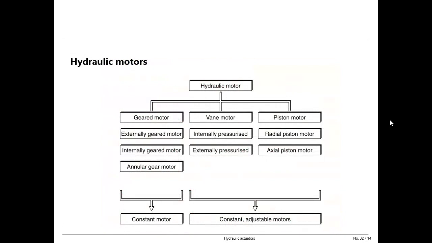Hydraulic motors can be divided at the beginning into three sections: gear motors, vane motors, and piston motors, like the pumps we discussed. Gear motors can be divided into external gear motor, internal gear motor, and annular gear motor, and those are constant motors. That means the volume cannot be changed, so we cannot change the speed.